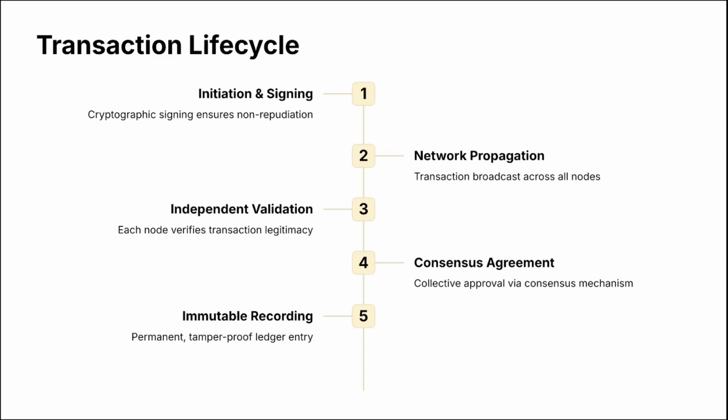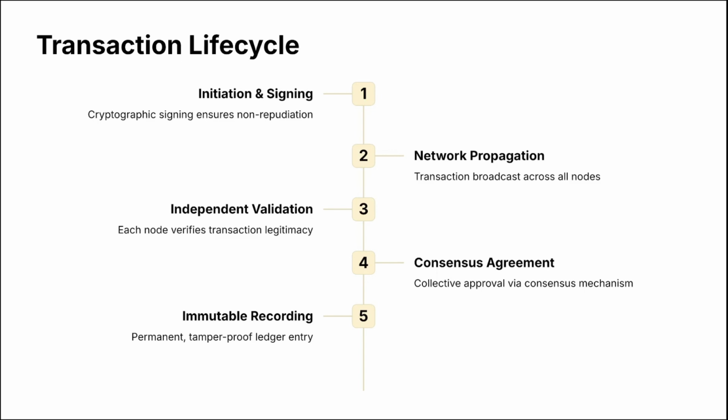Next, we have network propagation. The signed transaction is broadcast to all nodes of the network. This ensures everyone has visibility into the transaction and is prepared to validate it. Then we move to independent validation. Each node checks the transaction against the protocol rules, verifying things like digital signature, account balance, and transaction format. And only valid transactions are kept and forwarded.